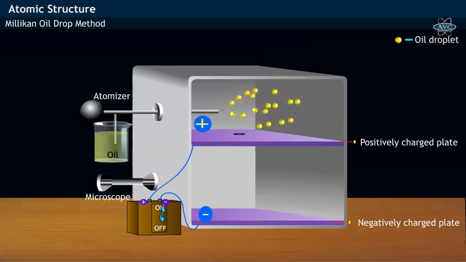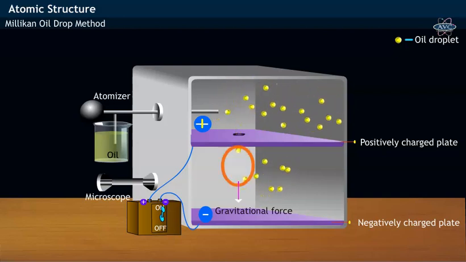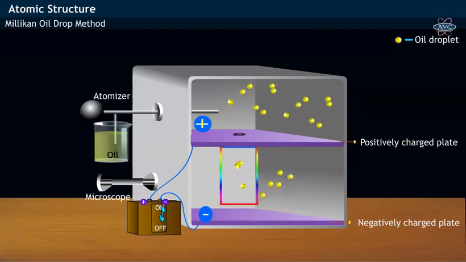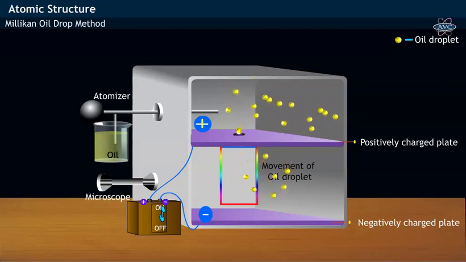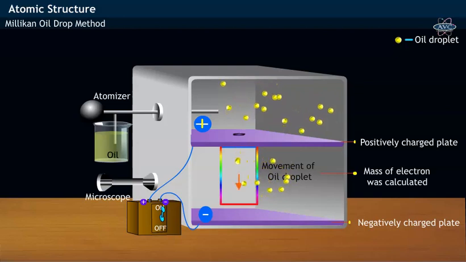It is observed that most of the tiny oil droplets spread all over the surface, while a few oil droplets moving with certain velocity enter into the lower compartment under the influence of gravitational force. By observing the movement of tiny oil droplets, Millikan was able to calculate the mass of an electron.